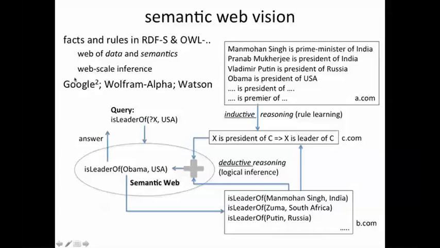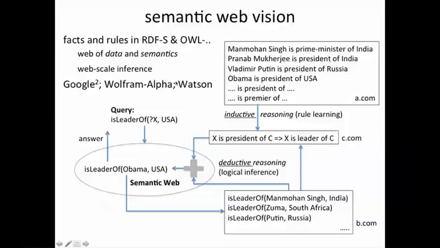If you just figure this out from the web, it's essentially Google's attempt to extract lots of different facts from the World Wide Web. Wolfram Alpha is another recent search engine which relies on learning lots of facts about the world, and of course there's Watson, which we've come across earlier, the IBM program that won the Jeopardy challenge.